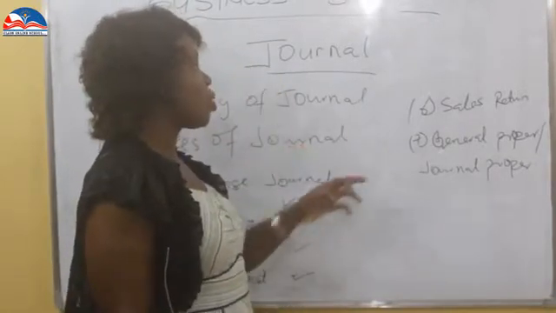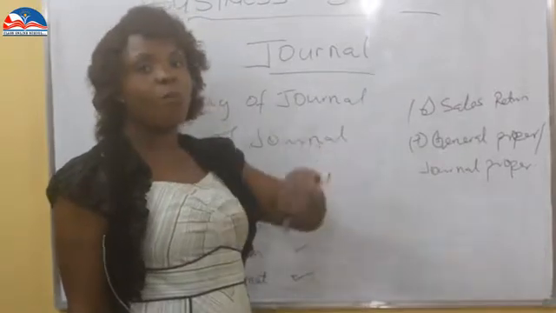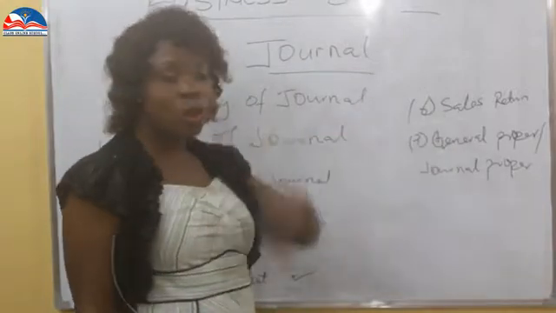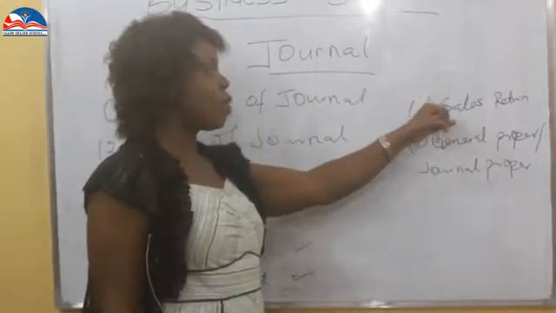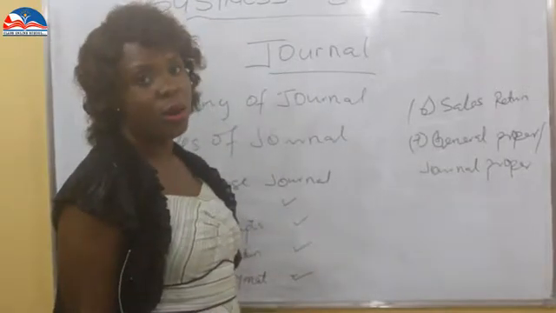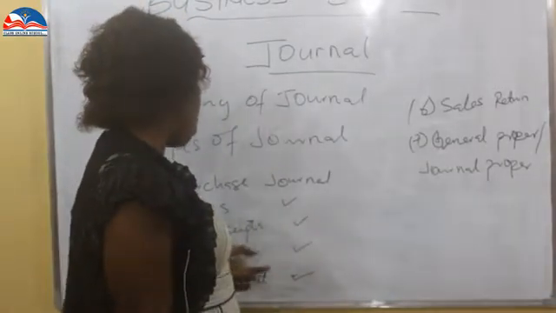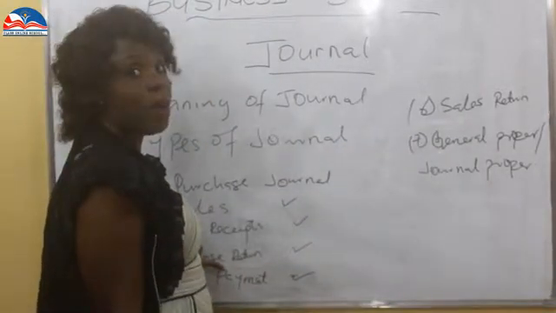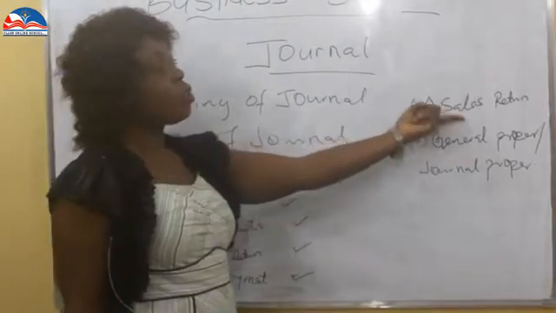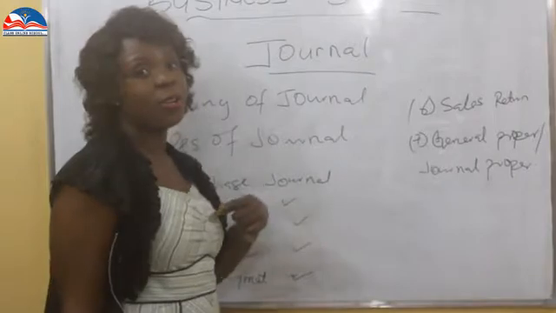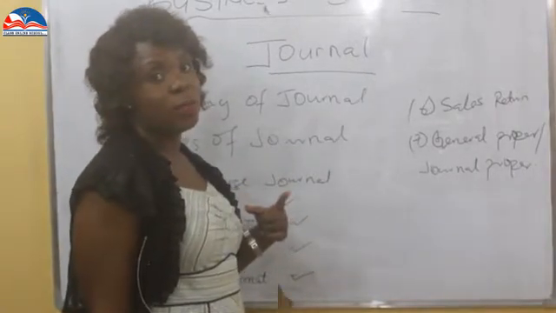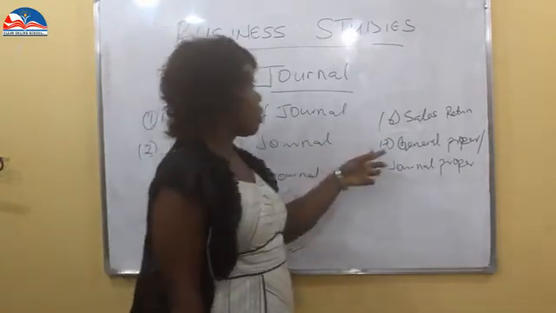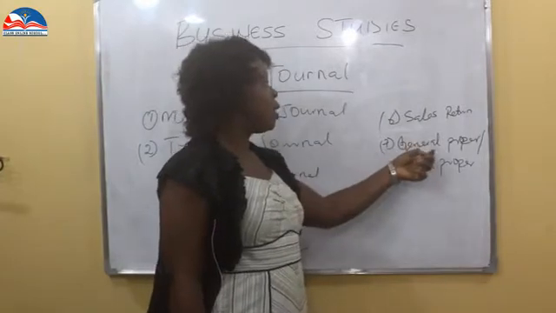Any transaction that has to do with return of products that the organization produces and sells, and they are returned back to them, is recorded under the sales return. So note the difference: the purchase return is what the organization buys and takes back, while the sales return is what the organization sells and they bring it back because it didn't meet their specification.